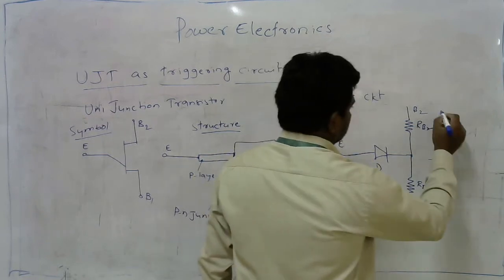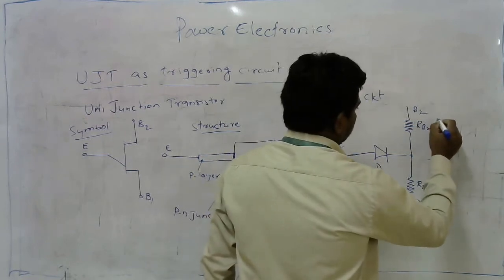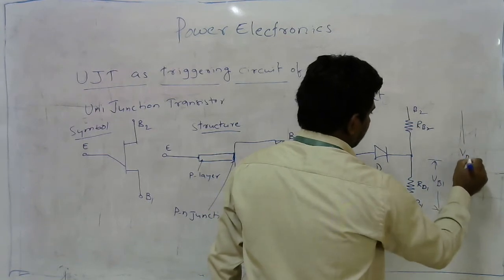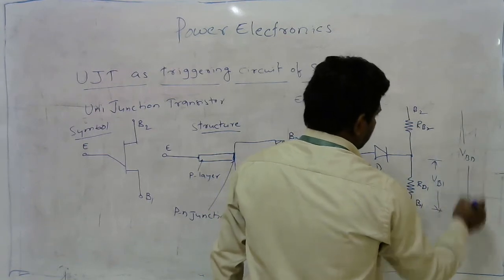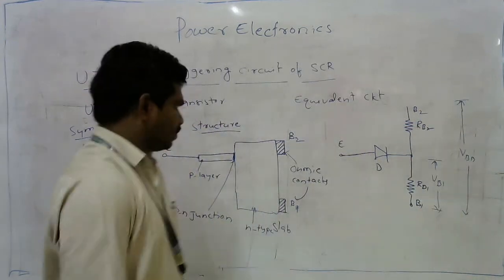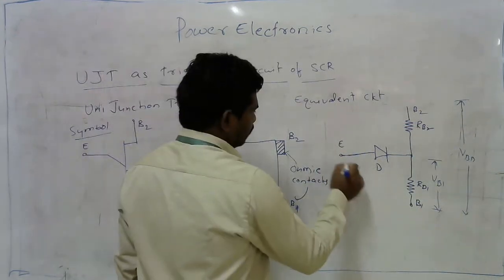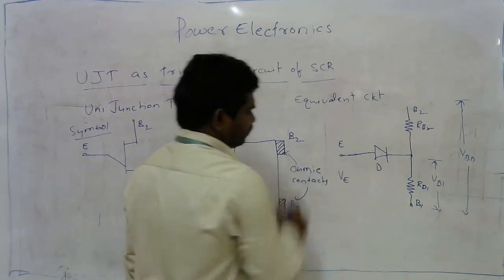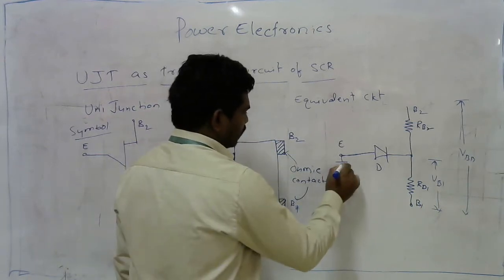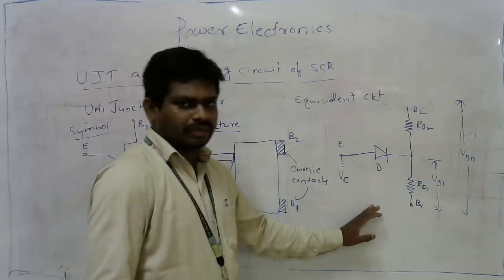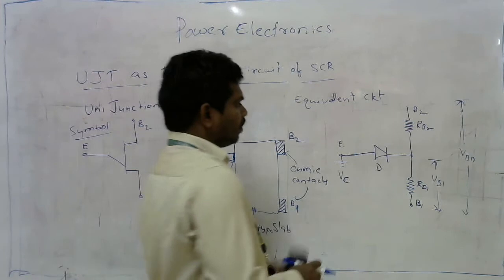The total voltage that we apply across the two bases I am calling VBB. Here I am applying some emitter voltage. This is the way we can represent it in terms of voltages.